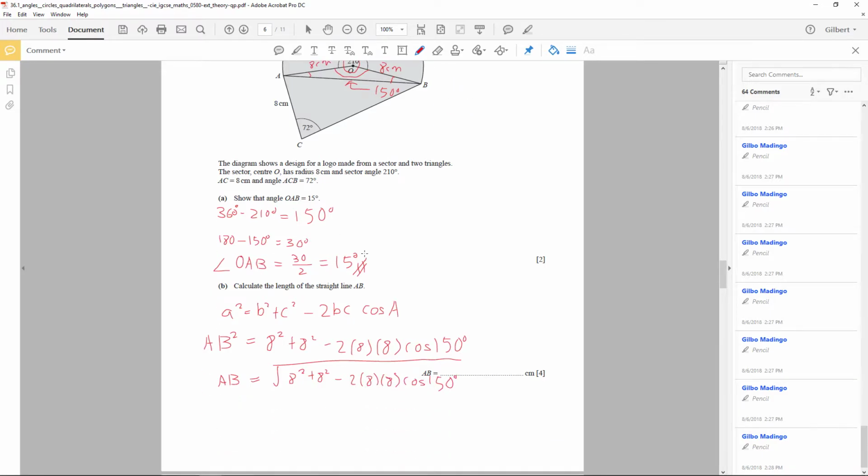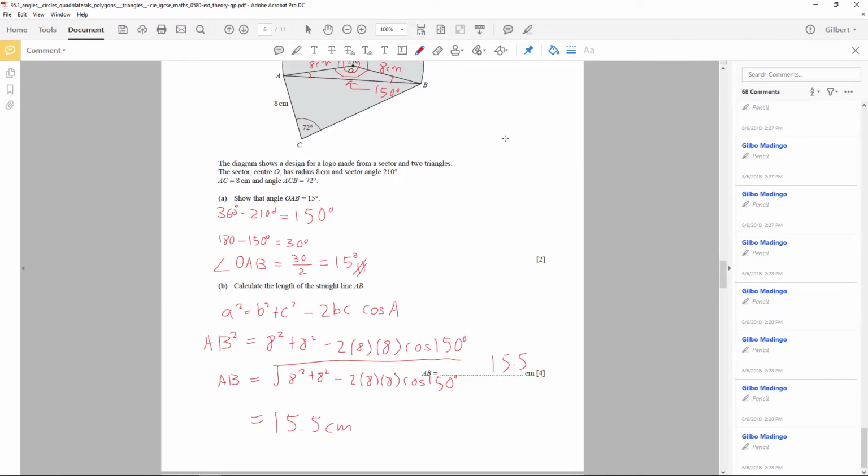Okay, so now typing everything into your calculator properly, 8 square plus 8 square minus 2 times 8 times 8 times cos 150, square root your answer, you will have gotten 15.5 for 3 significant figures cm. Alright, so the answer is 15.5.